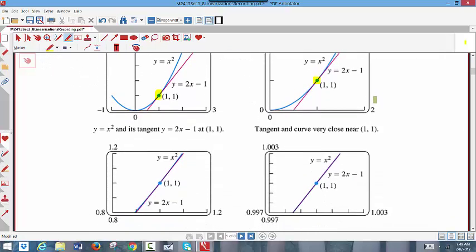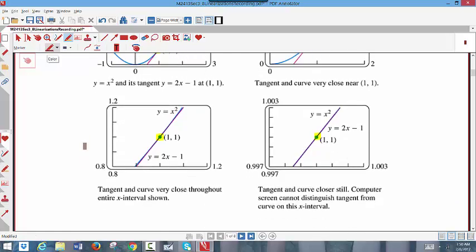They do it again, and it's barely distinguishable between your tangent line and your f of x because they've zoomed in so tight. In the fourth graph, they've zoomed in so tight that you really can't see any difference. That's what we're doing here, coming up with this tangent line so that we can use the linearization equation to evaluate f of x.